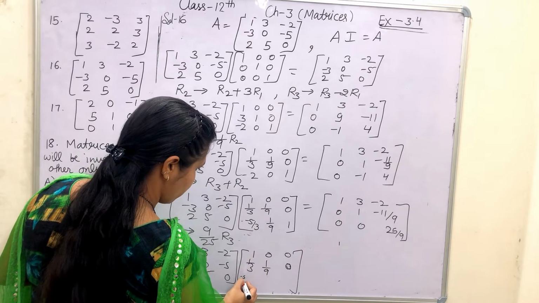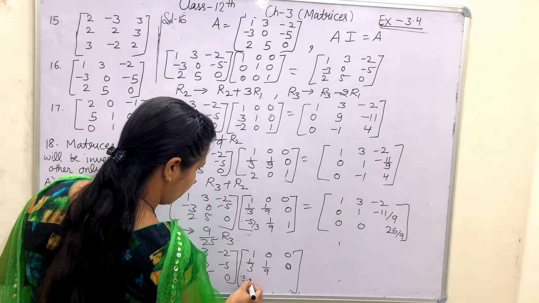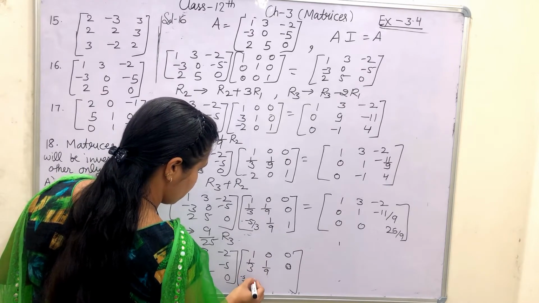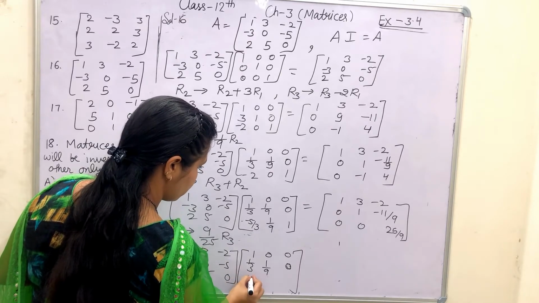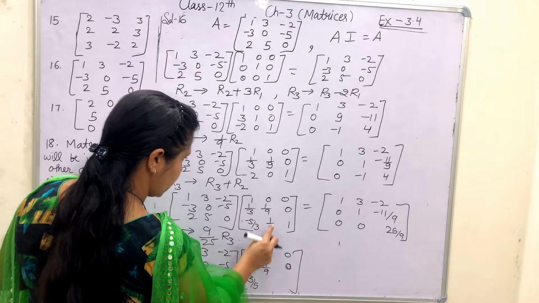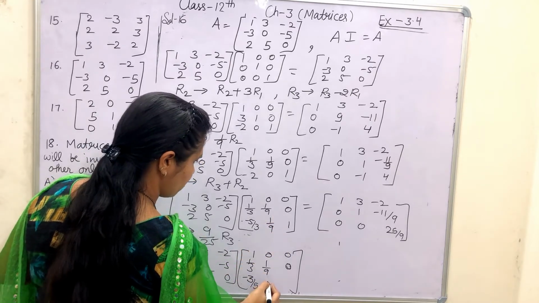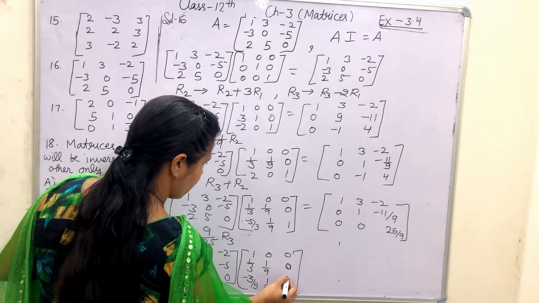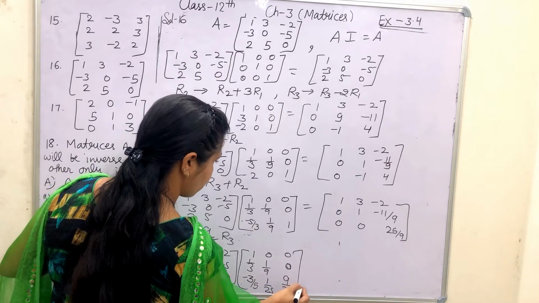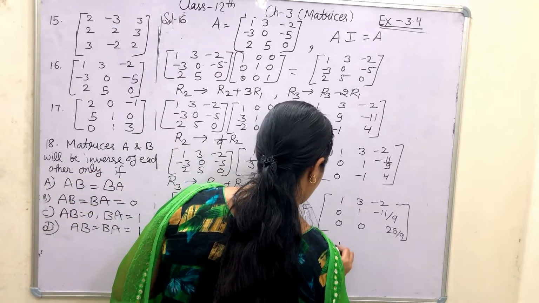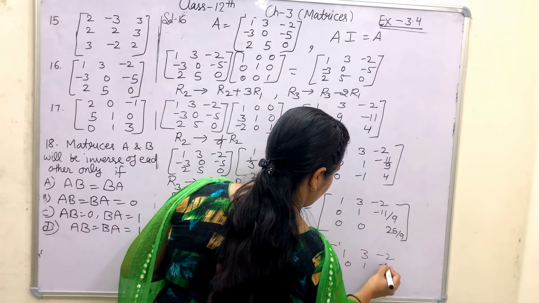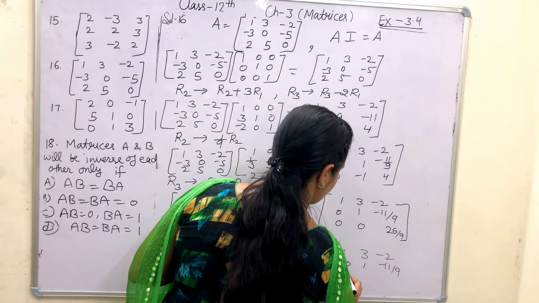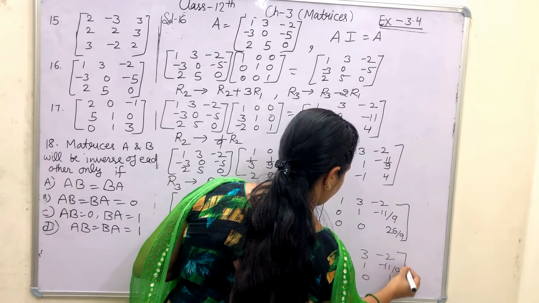So we write minus 5 by 3 into 9 by 25. It becomes minus 3 by 5. Here is 9 by 25 means 1 by 25. And here we got 1, 3, minus 2, 0, 1, minus 11 by 9, 0, 0, 1.